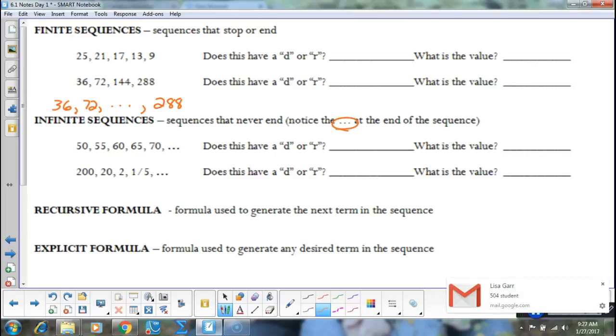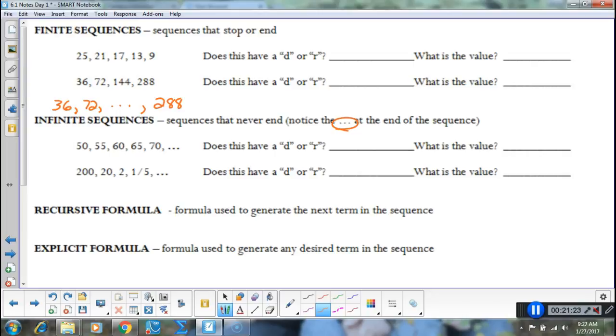However, if the dot, dot, dot comes at the very end, and there's nothing else after it, then that's saying it's going on forever. Because you might have a sequence that has like 50-some terms in it. You're not going to write out all 50 terms. You're going to put the dot, dot, dot there, and then put the very last term. That's still a finite sequence, even though the dot, dot, dot is there.